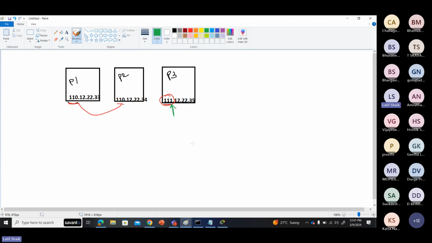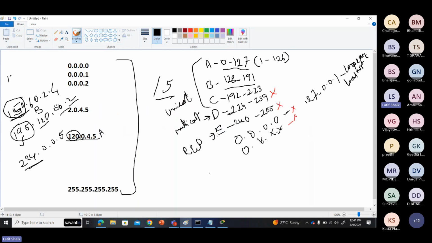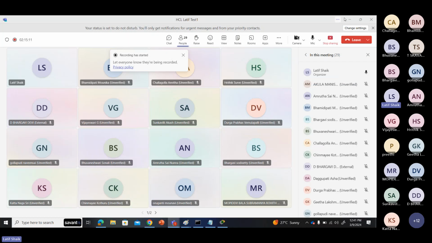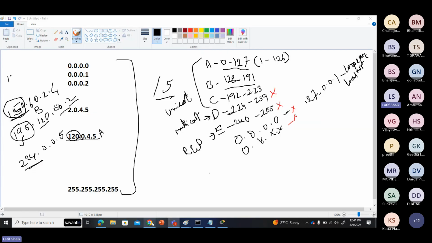If you made a mistake, you change it, according to the plan. This network portion is wrongly entered, so you have to change it. That's the answer. Very good, guys.